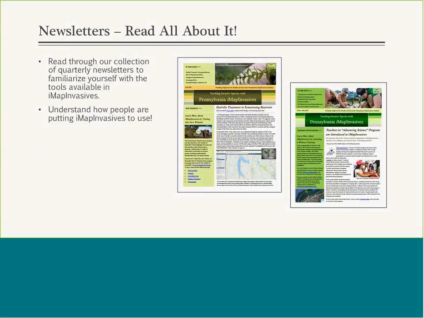And last but not least, there is a category on the site for our newsletters. This is something that we do every quarter, so we release 4 newsletters per year. It's a way to become more familiar with the tools that are available in iMap, and also a way for you to understand how various people across Pennsylvania are using the iMapInvasives database for specific purposes, which ultimately, hopefully, will benefit all of our users.